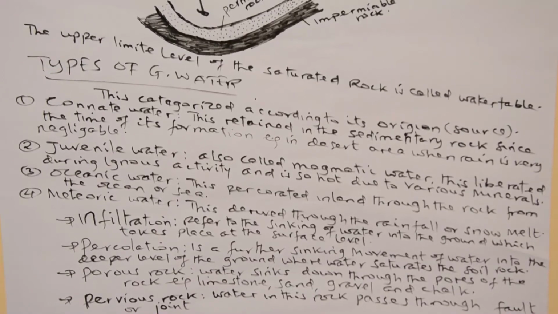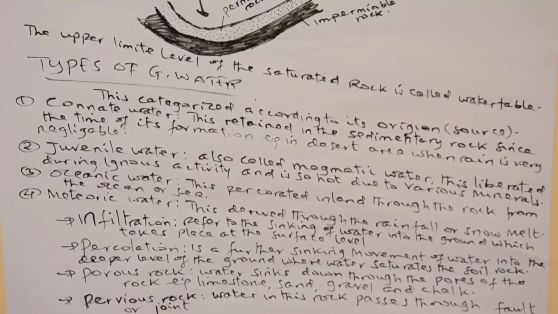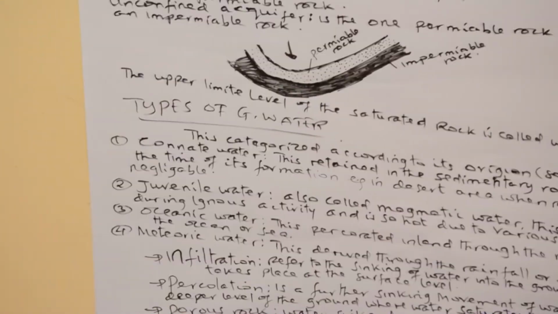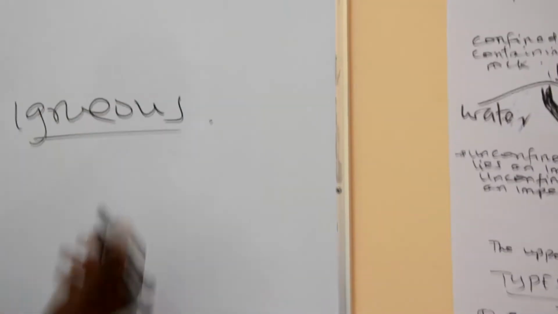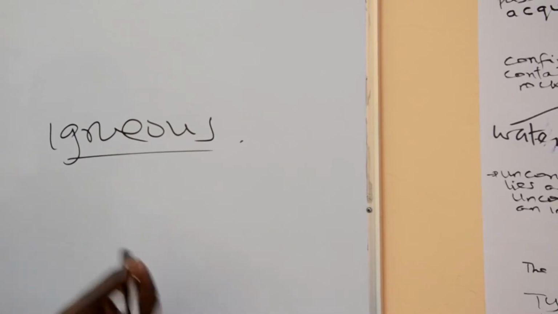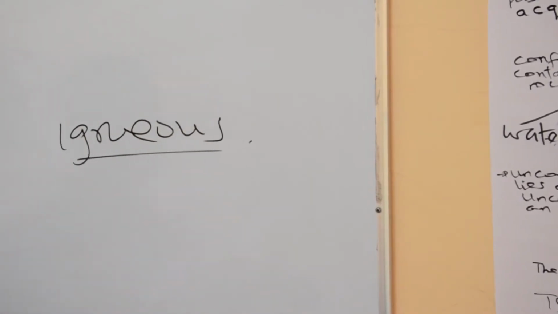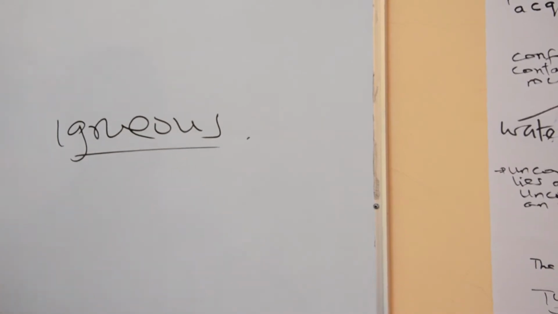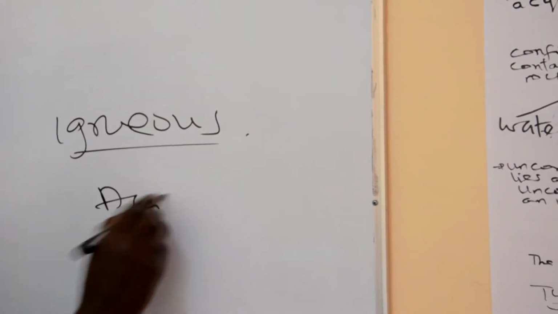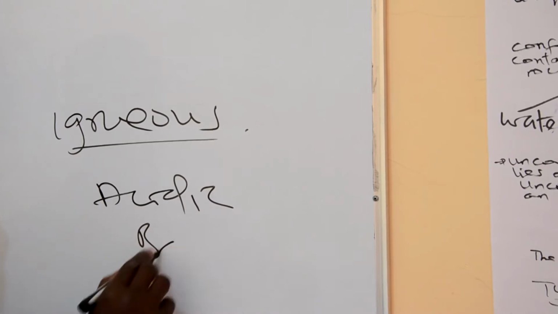Remember that igneous rock is the mother of all types of rock, because the nature of igneous rock is hotness. According to its characteristics, igneous rock consists of different minerals, either acidic or basic. Basic is another name for alkaline.